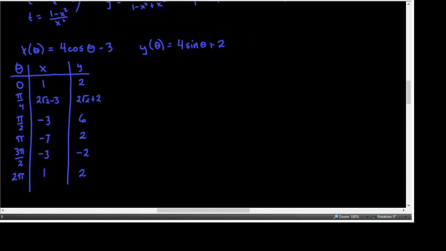Okay, so let's see. Our x's go all the way out to negative 7. And I'll need to know what that 2 square roots of 2 minus 3 is, so let me type that in my calculator.